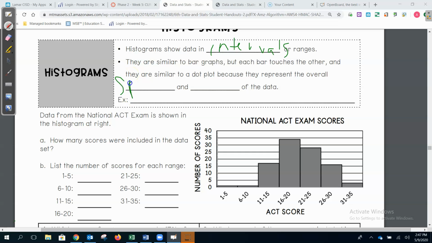So some examples that you might see are like decades, like the 70s, 80s, 90s, or you might see age ranges.